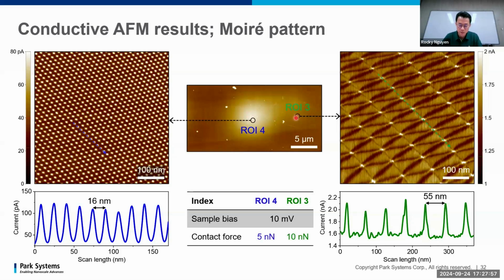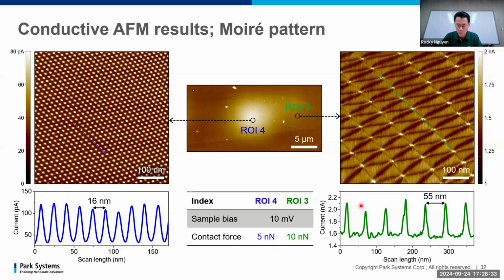One more interesting point to note is that although I applied the same amount of sample bias for RY4 and RY3, about just 10 millivolt, the amount of current on the surface is totally different. We have about 0.1 nanoamp peak to valley current here, and for RY3 it is about, let's say, 0.7 nanoamp, 7 times different.